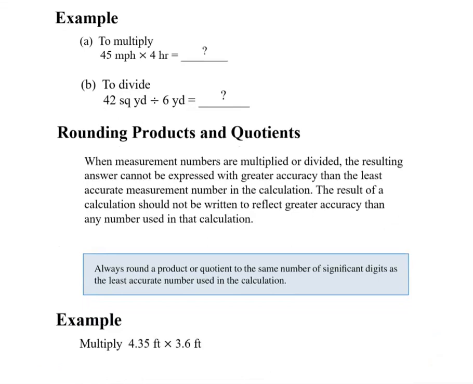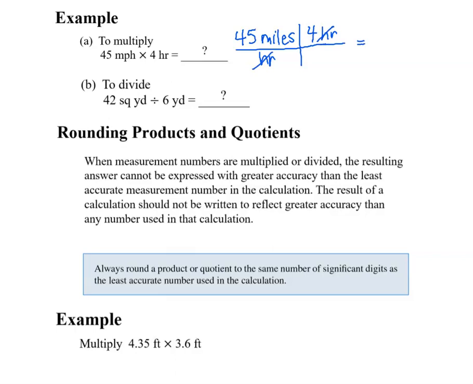So to multiply 45 miles per hour times 4 hours, and we talked about this a little bit before when we were in chapter 4, I would write 45 and then put the miles on the top. Remember, that happens every hour, so miles per hour, and then times 4 hours, because this really lets you see what happens to the units.